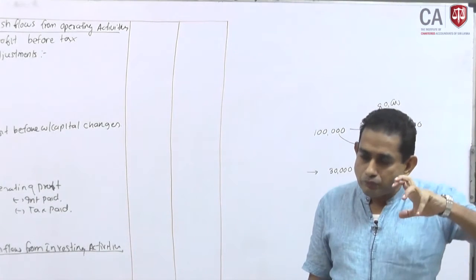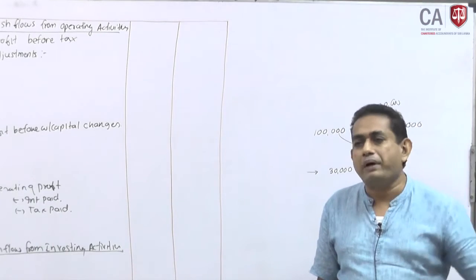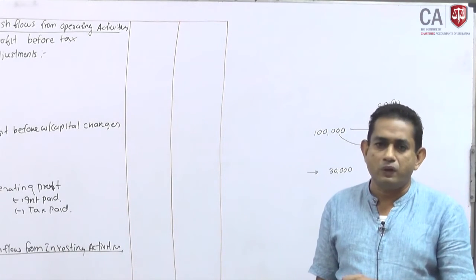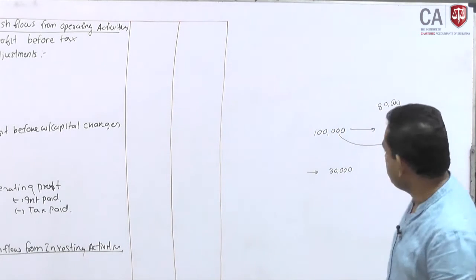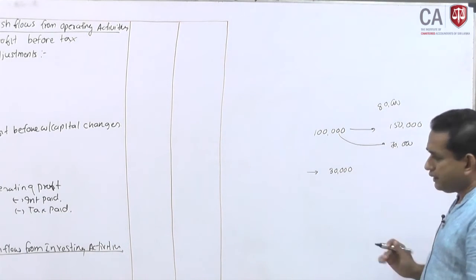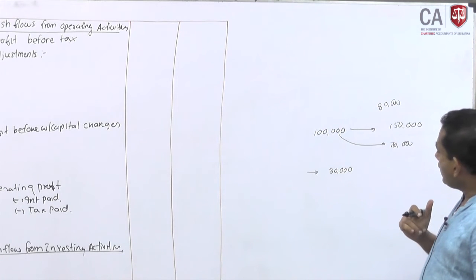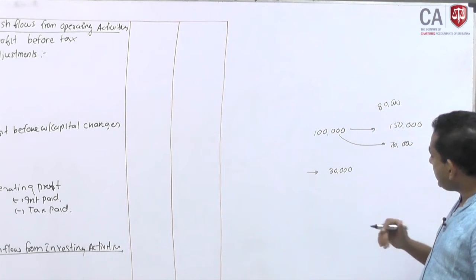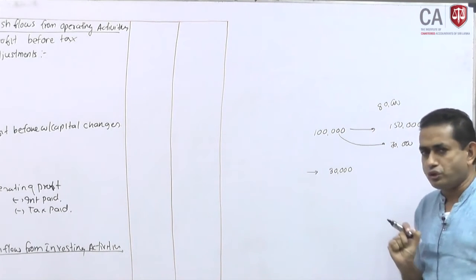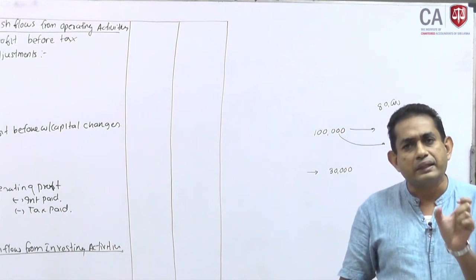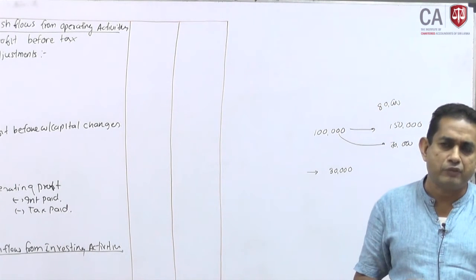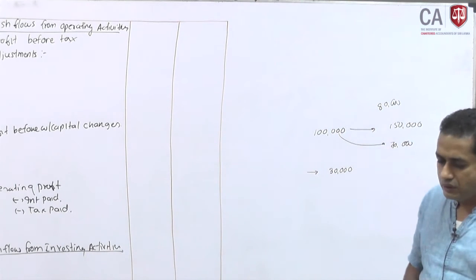So, just to make our calculations more convenient and comfortable, without doing these calculations in this way, we will resort to opening up T accounts where the cash elements of the transactions can be easily determined.